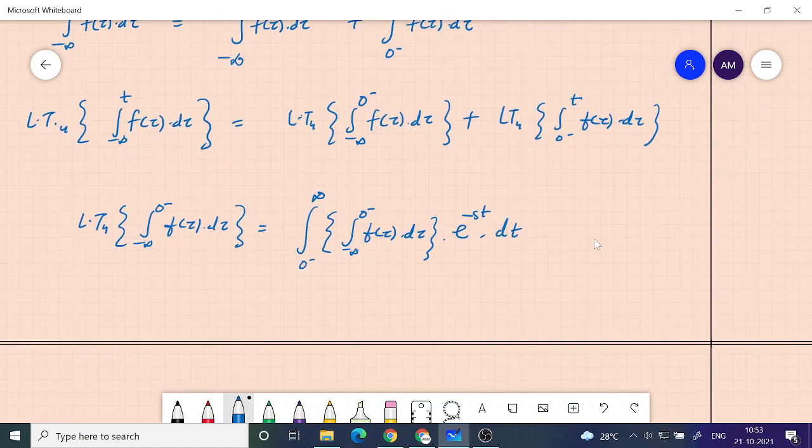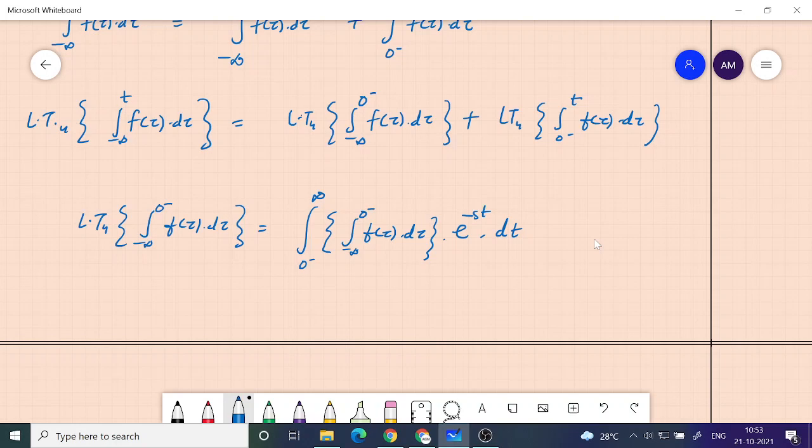Now what does it amount to? After this integration with respect to tau, you will get a constant, and you are basically taking the Laplace transform of that constant, because the t integration starts from 0 minus, which happens after this integration is completely over.